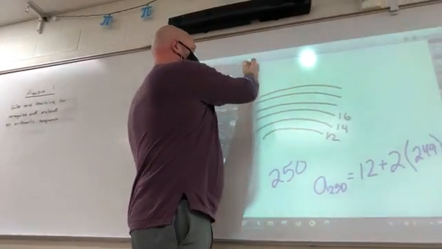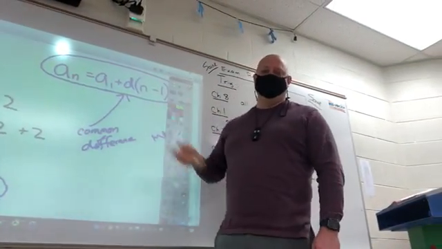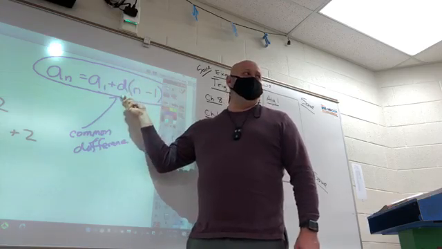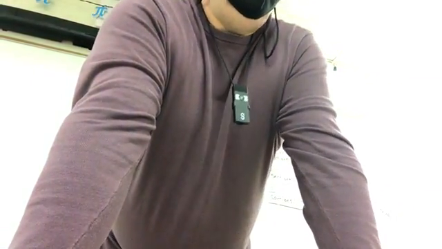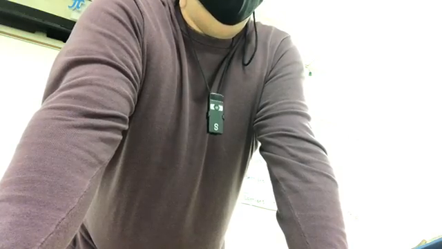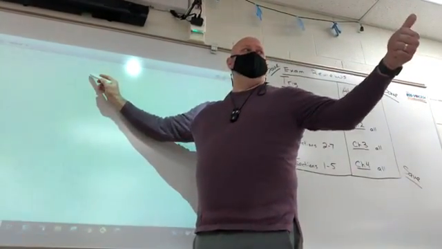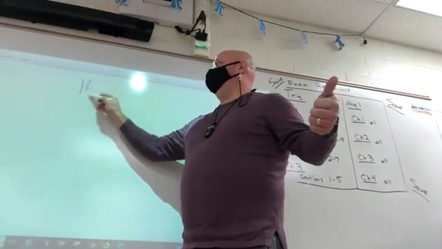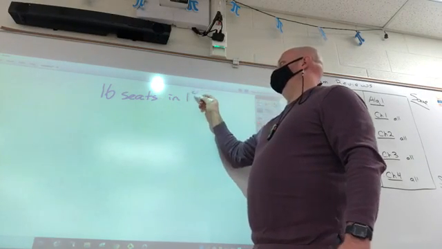Now, once you know this formula, A sub n equals the first term plus the common difference times n minus 1, what that allows us to do is not just simply find the last term. Let's say I know that there's 16 seats in the first row.